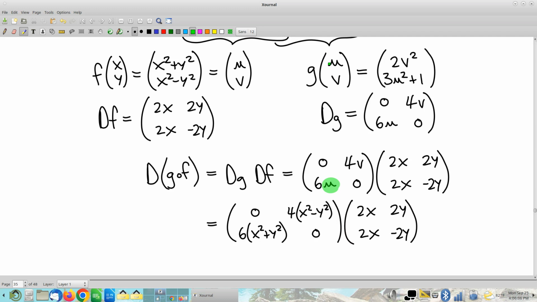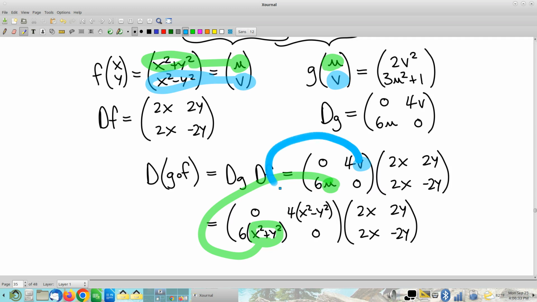And notice u, being the first input for G, is correspondingly the first output from F. And so u is x squared plus y squared, and likewise v, being the second input to G, is the second output from F, x squared minus y squared.